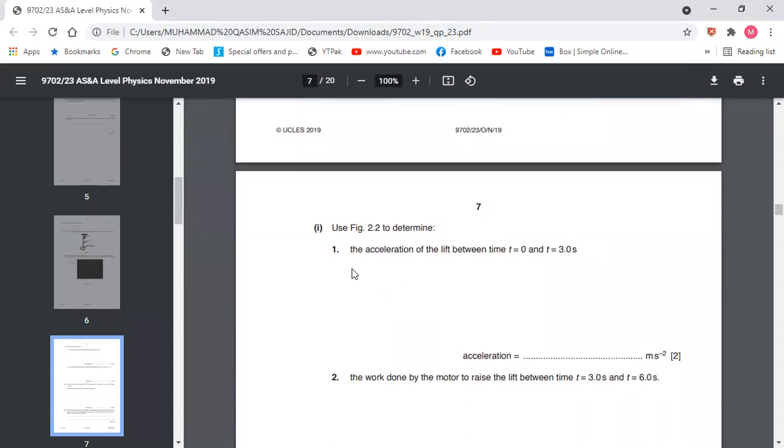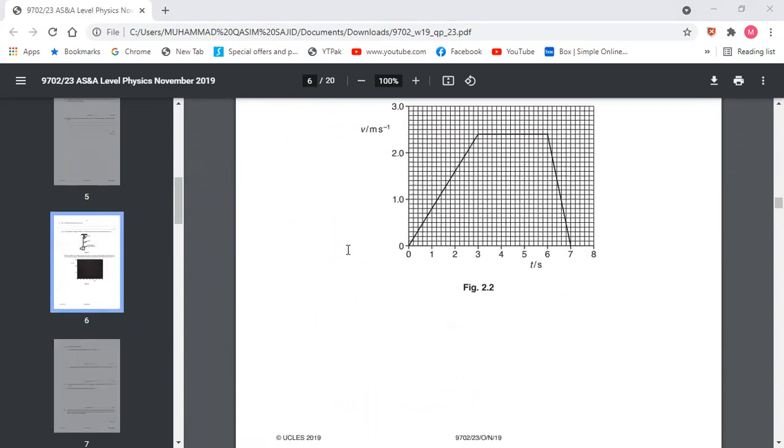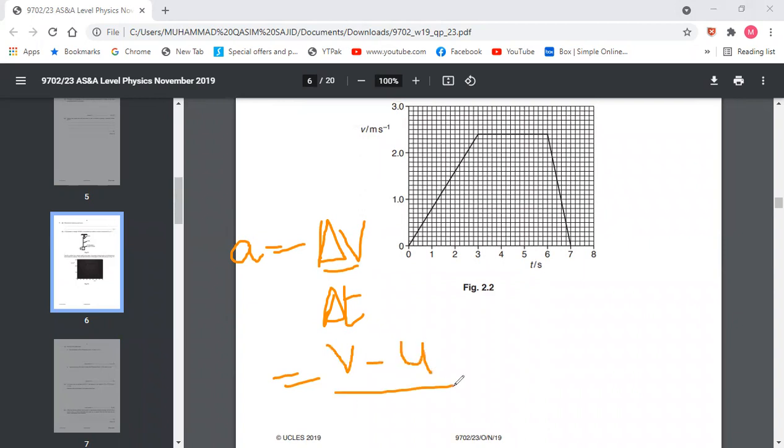We need the acceleration of the lift between t equals 0 and t equals 5. So how to find acceleration? Acceleration a equals delta v upon delta t, that is final velocity minus initial velocity divided by time.